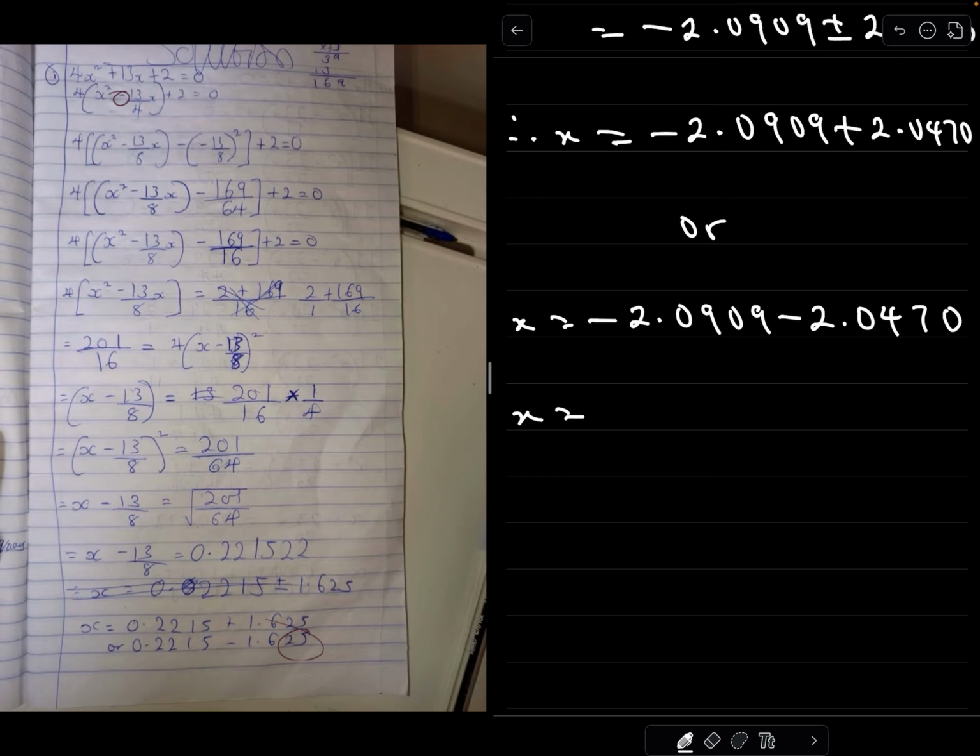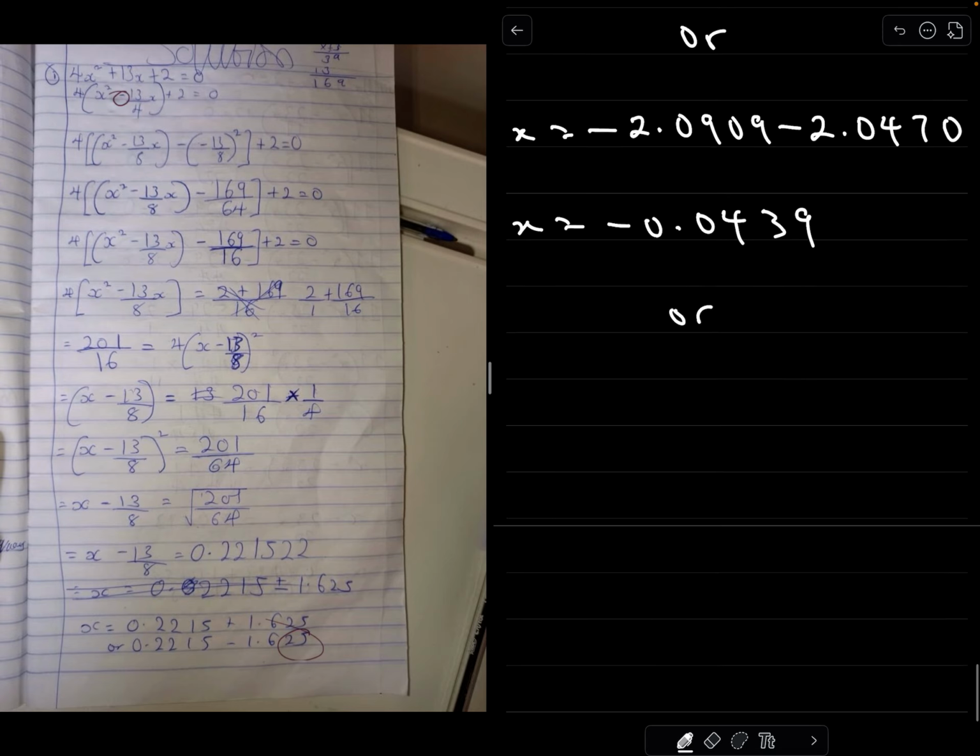And that simply means x equals minus 2.0909 plus 2.0470. That's minus 0.0439, or x equals minus 2.0909 minus 2.0470.